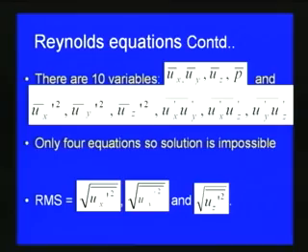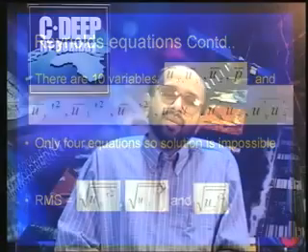Now the challenge is this: we have 3 equations of turbulence in x, y, z. When we consider 3-dimensional flow, we have 3 equations of motion, and then we have 1 continuity equation. So, we have 4 equations, but you can see that the number of unknown variables, even if we consider the Navier-Stokes form of the turbulent equation of motion, is 10.